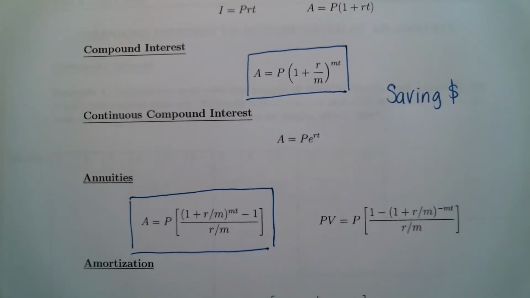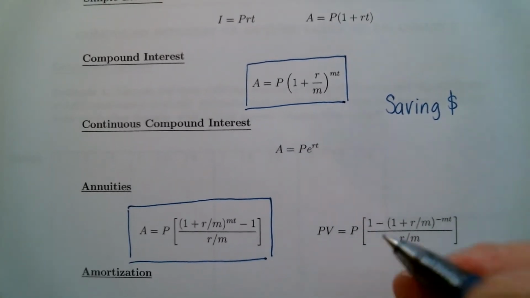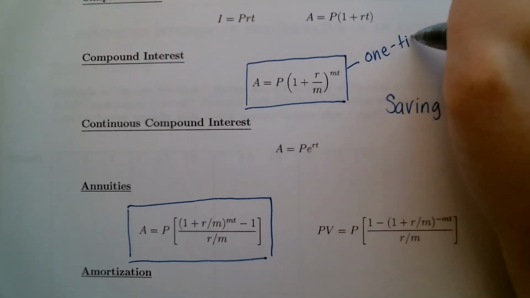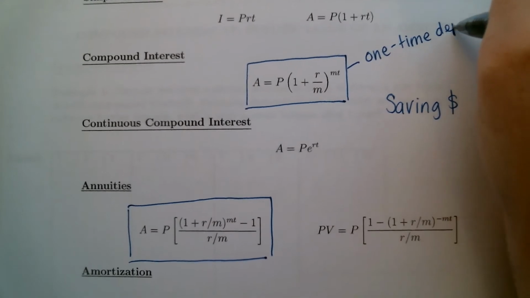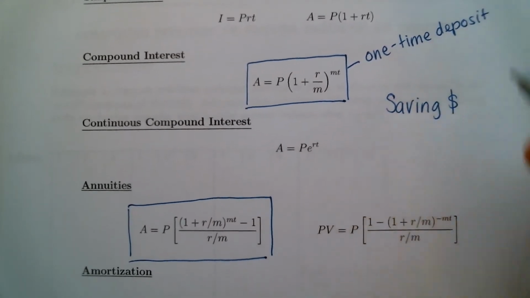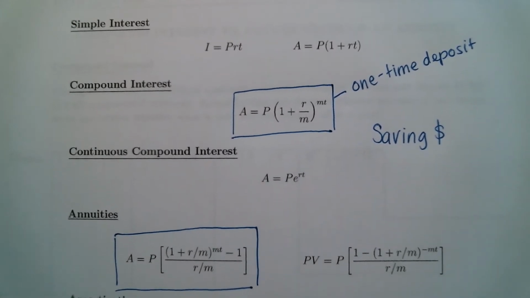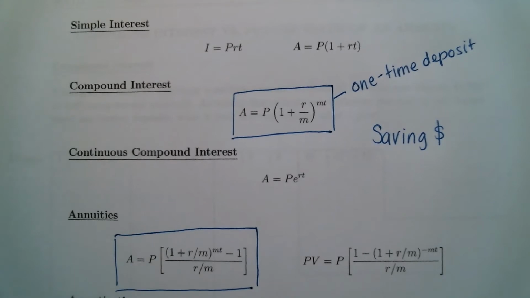So with compound interest, what happens is you make a one-time deposit, and you let that money sit there in the bank or whatever account it is, and you let it earn interest. And then you come back after so much time and you see how much money is there.